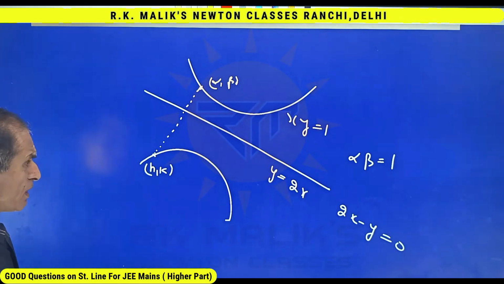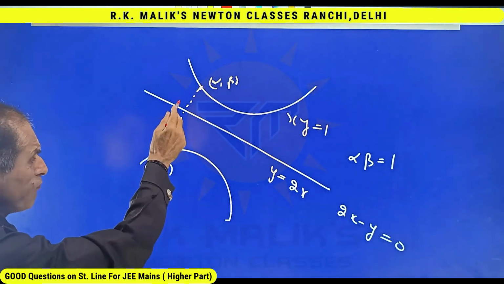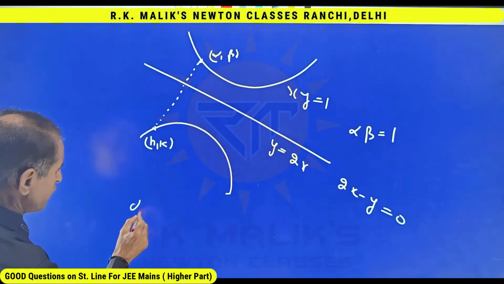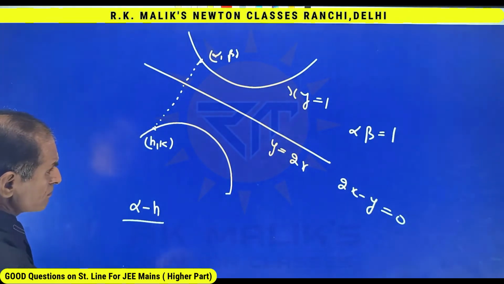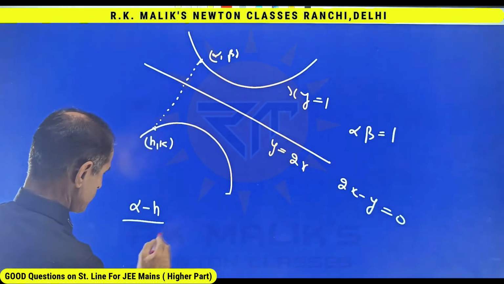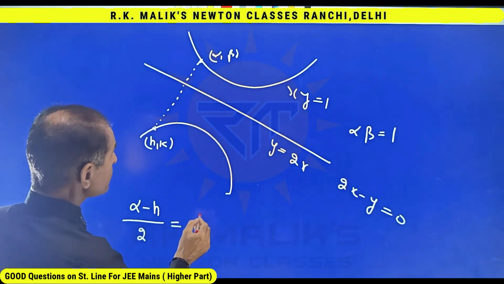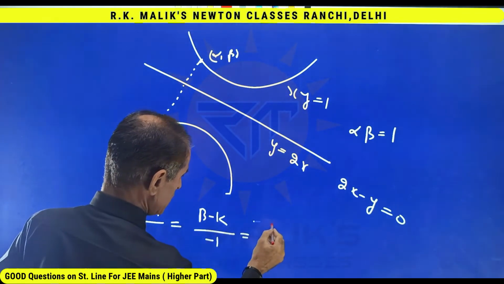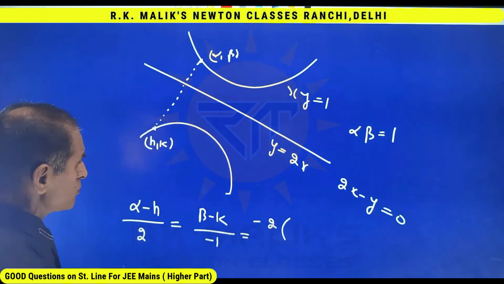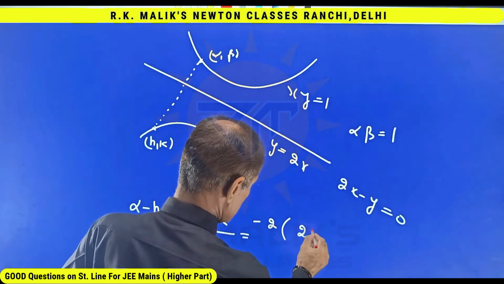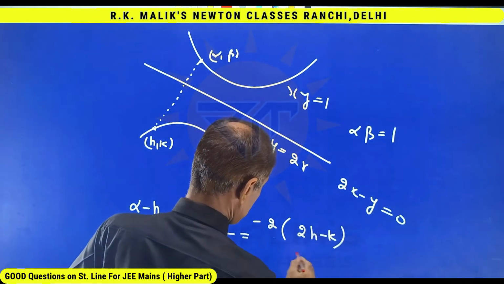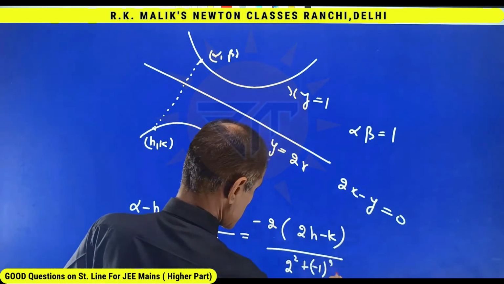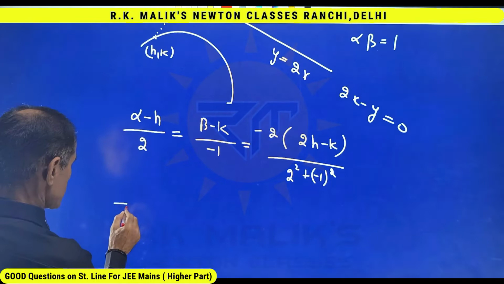And keeping this formula in mind, as I want alpha beta in terms of h, k, I will be writing (alpha minus h) by 2, (beta minus k) by minus 1 equals minus 2 into (2h minus k) by (2 square plus minus 1 square).